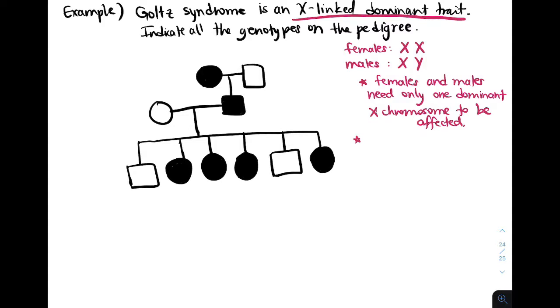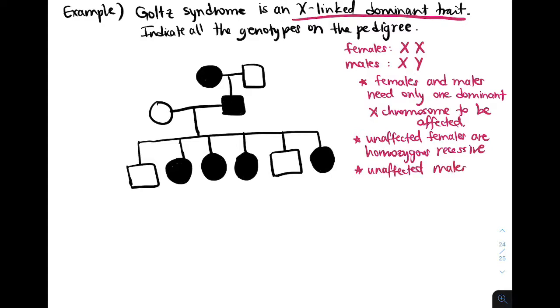And for the same reason, unaffected females that are not shaded in must be homozygous recessive, because if they don't show the trait, they don't have any dominant alleles. And males that do not show the trait must have a recessive allele on the X chromosome that they inherit from their mother. So remember, females and males need only 1 dominant X chromosome to be affected.